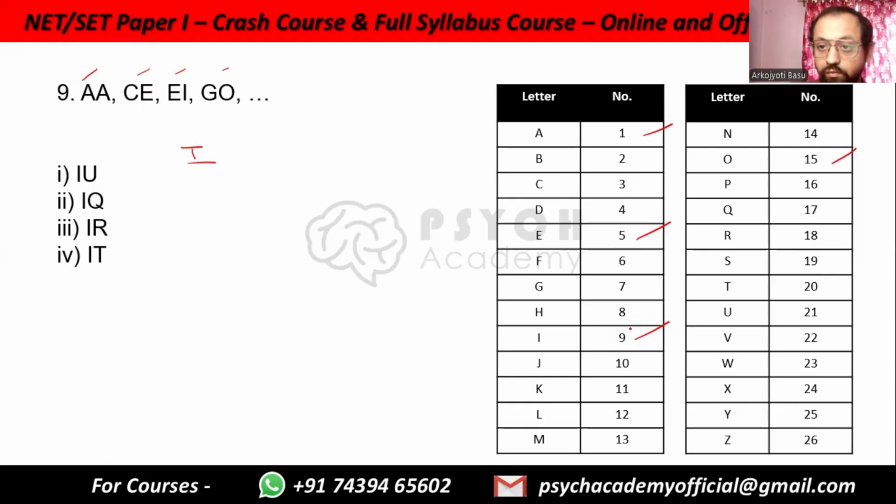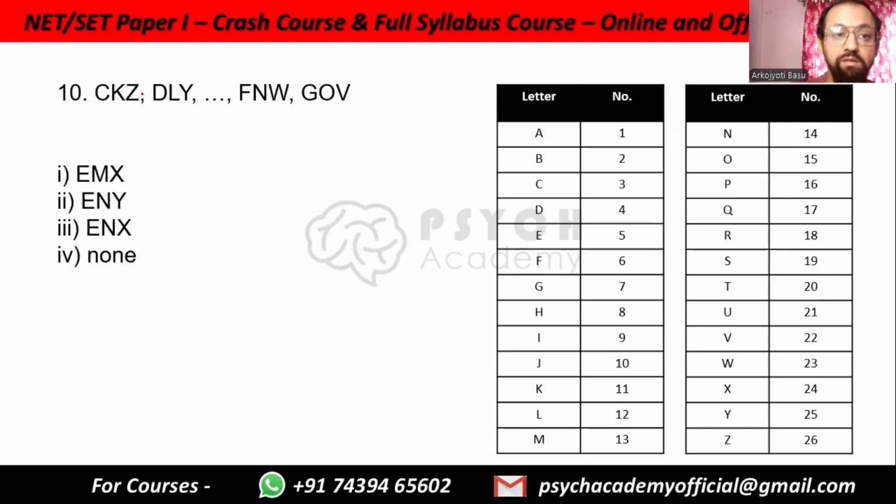Increasing by 4, increasing by 4. From 9 to 15, increasing by 6. Not matching. It is not even numbers. So this is a very specific case which can only be a letter series, that is the vowels. A, E, I, O, U. These are the vowels that we have. So A, E, I, O, U. Answer is IU.